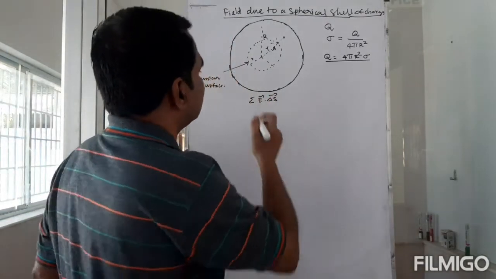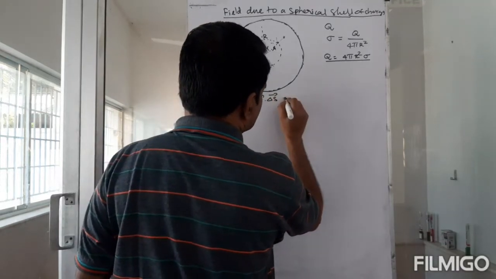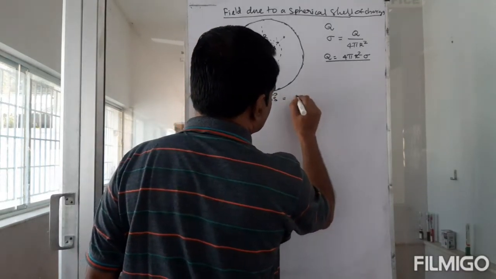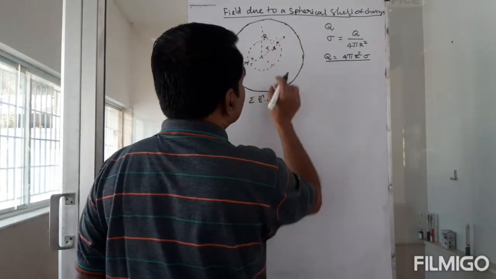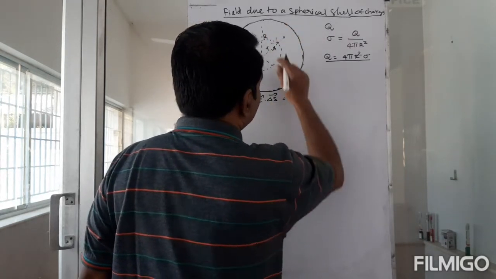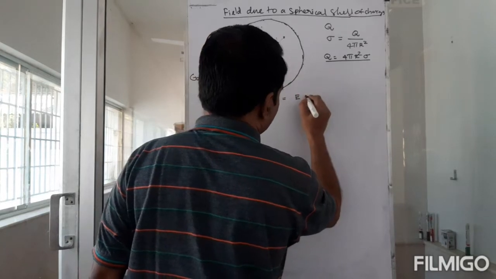Then I can say that the sum is actually equal to E, which is common for all of them, and the sum of all these areas.